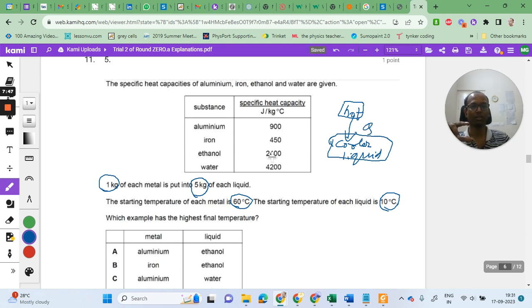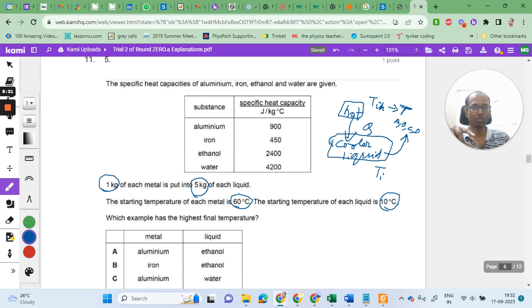So let's call that heat as Q. Due to this transfer of heat, the initial temperature of the hot object will go to a final temperature, say T. So this T can be the temperature for options A, B, C, D. And the cold object also will rise to the same final temperature.